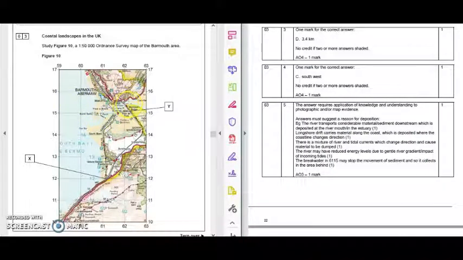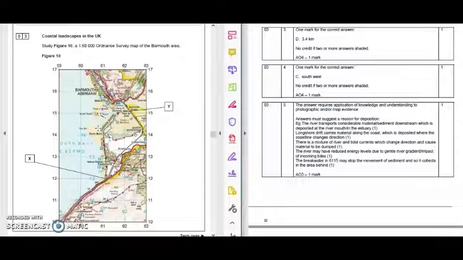So you can imagine the river flowing out to sea. As it reaches the sea, though, obviously its energy is going to slow down because the sea is probably going to be moving in a different direction. And as they meet, they're going to hit each other and it's going to slow the water down. So when water slows down, that is when it drops its material. So that's why there's probably a lot of sand here and here.